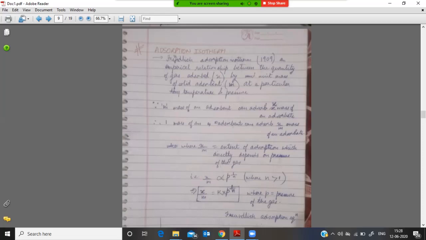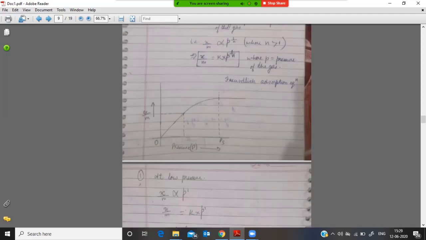That is, x by m will represent the extent of adsorption of the given gas. This can be shown in detail with the help of a graph. On the y-axis, we draw x by m, and on the x-axis, we keep pressure.